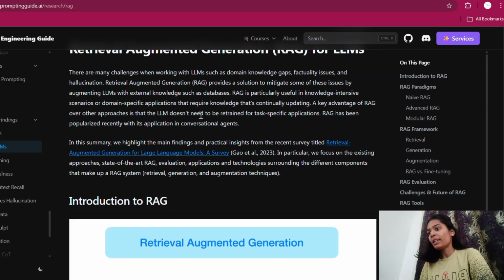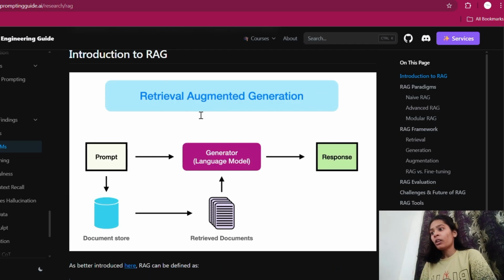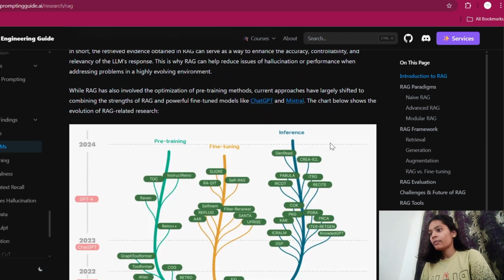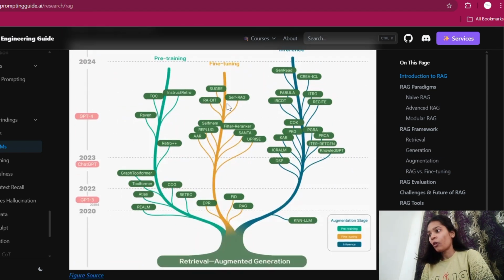This is the basic summary and introduction to RAG, and how RAG works. First there is the prompt, then data storage, then the language models generate, and this is our retrieval document, then it responds. Okay, then this is the tree diagram of how it evolves.